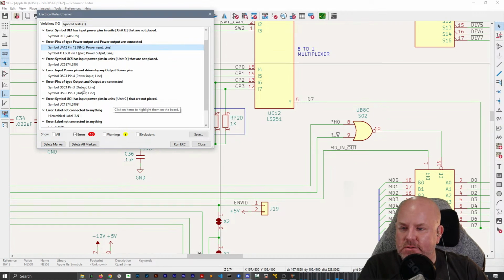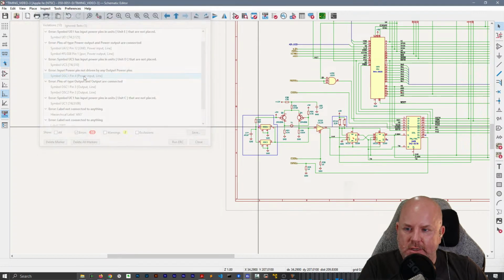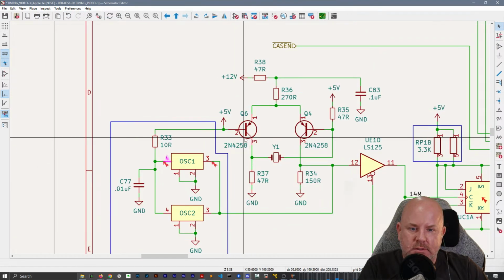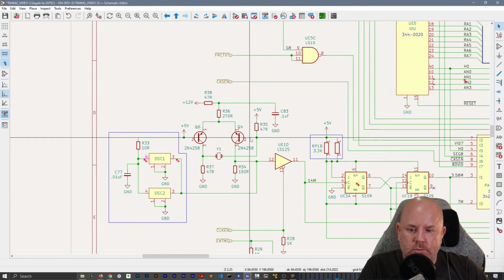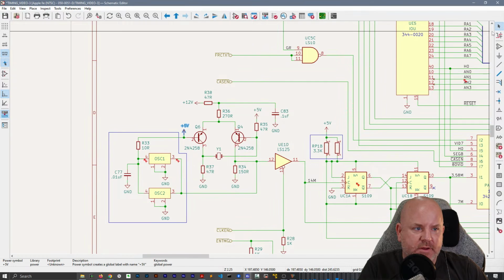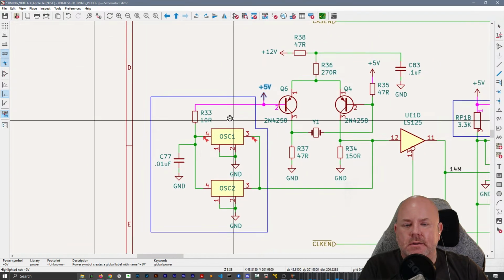Do we have that for anything else? Input power pin not driven by any output power. Oh yeah. So where does this 5 volts come from then? Oh, that's why.